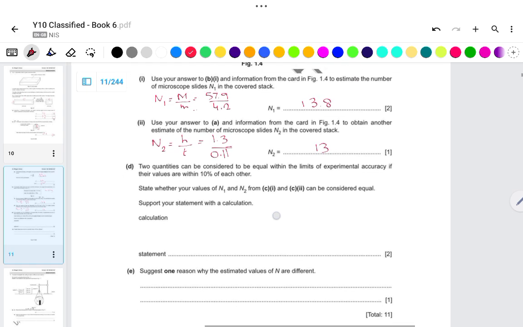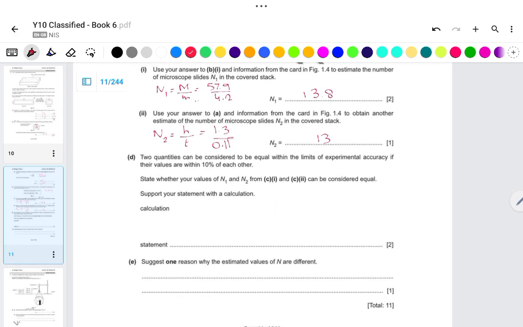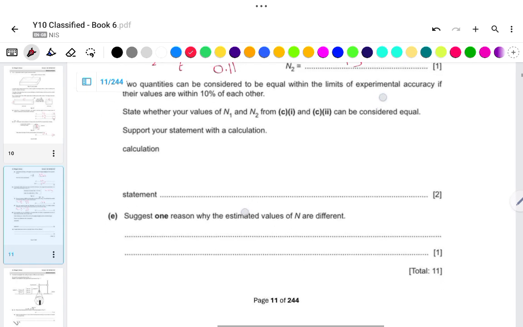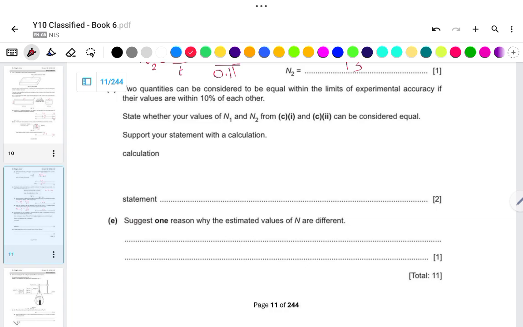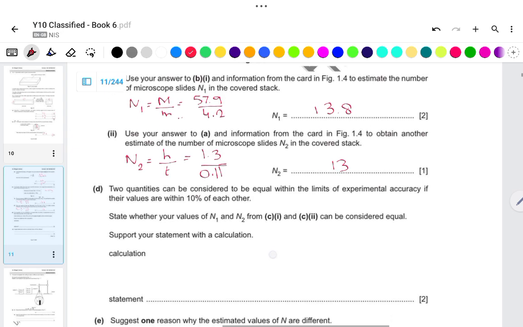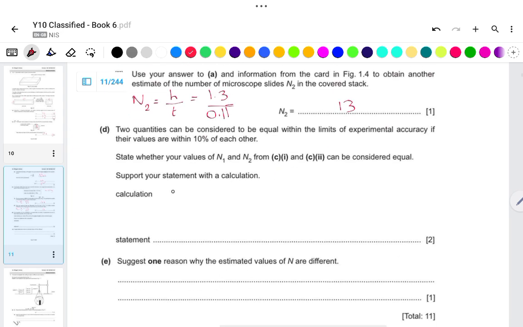Now, 2 quantities can be considered to be equal within the limits of experimental accuracy if their values are within 10% of each other. State whether your values of N1 and N2 can be considered equal. Support with a calculation. Of course. So I'll try to find the percentage difference. So I'll do N1 minus N2. I'll do it all in 2 significant figures just to make it right.